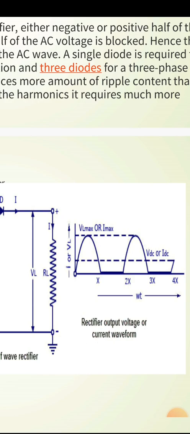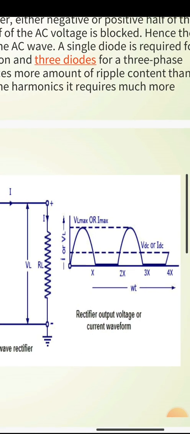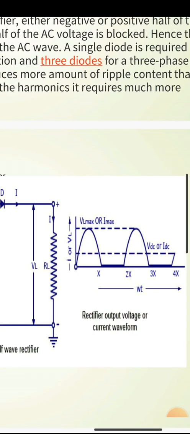Negative current is there, and again from 2x to 3x, the positive potential difference or current is there. Direct current IDC is flowing, and potential difference is not there here.